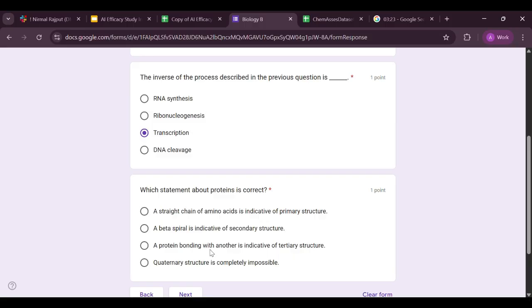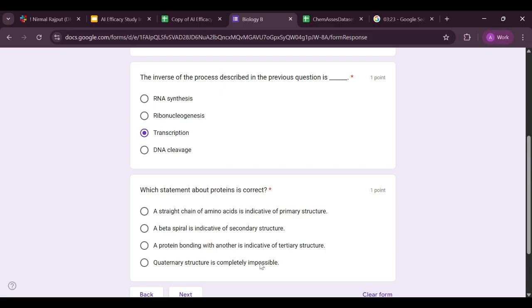Which statements about protein are correct? A straight chain of amino acids is indicative of primary structure. Yeah, it is correct. A beta spiral is indicative of secondary structure. No, I don't think it is secondary structure. A protein binding with another is indicative of tertiary structure. No, I don't think that is correct either.